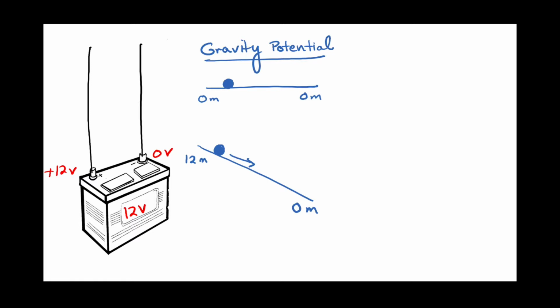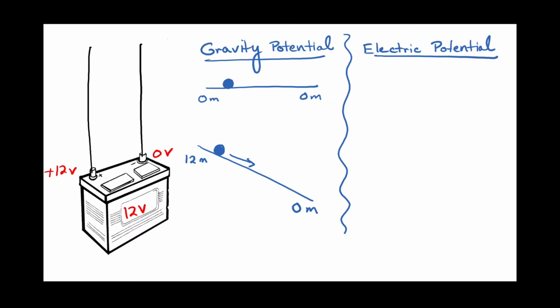ball want to roll. The same thing goes for something called electric potential. Electric potential is based on how charges move. If we have not a ball this time, but an electron, and we place it where the potential is 0 volts, and over here it's 0 volts, this electron or charged particle will not want to move.